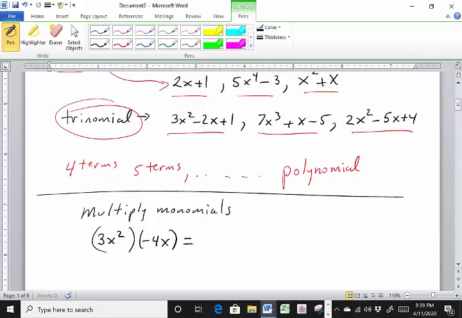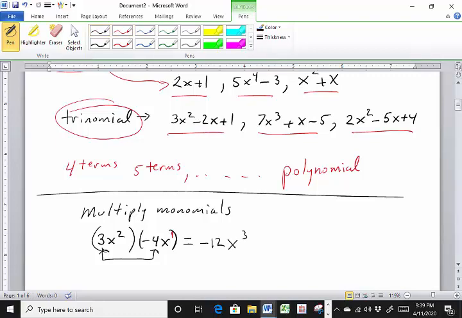All you do is multiply the coefficients, which are these. So 3 times minus 4 is negative 12, and then x squared times x. Remember, when you multiply variables with the same base, you add the exponents. There's a little 1 on the x, so 2 plus 1 is 3. So this would be x cubed.